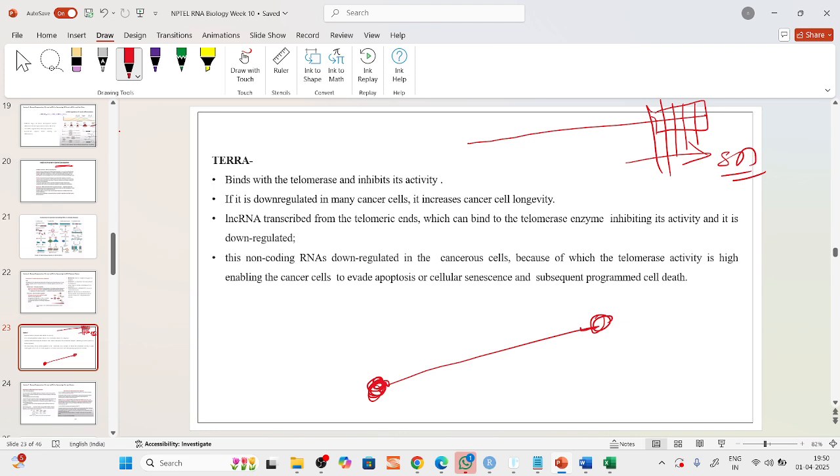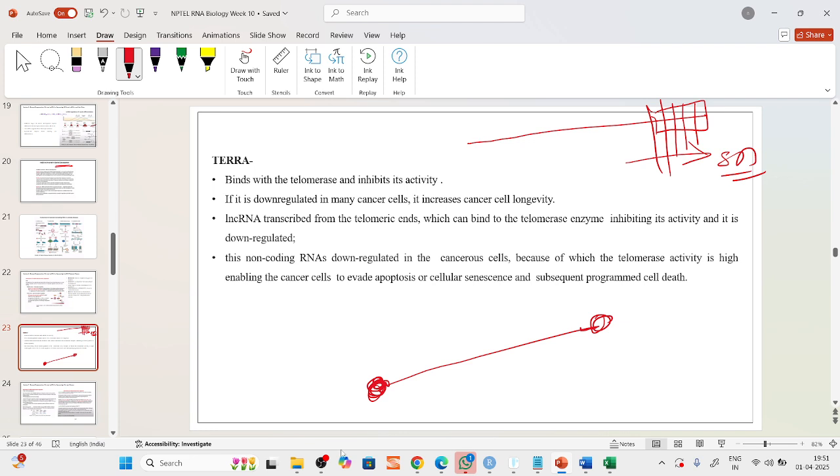So that is what they are saying: if TERRA is down regulated, it increases cancer cell longevity. TERRA is an LNC RNA transcribed from telomere ends, which can bind to the telomerase enzyme, inhibiting its activity, and it is down regulated in cancer cells. Because of this the telomerase activity is high, enabling the cancer cells to evade apoptosis or cellular senescence and subsequent programmed cell death.